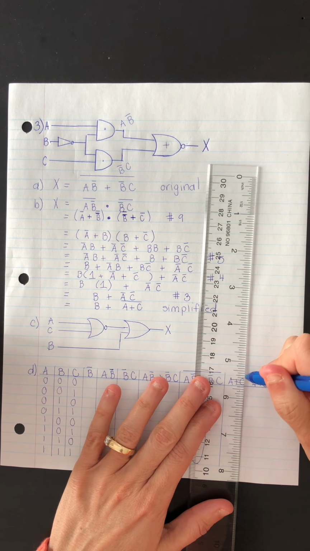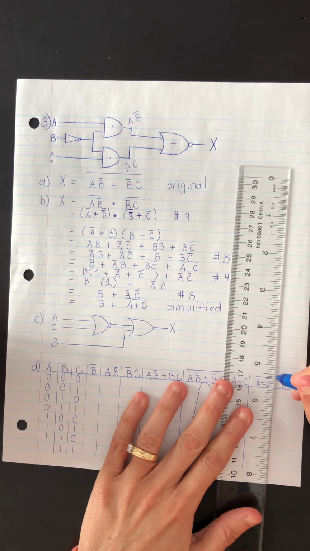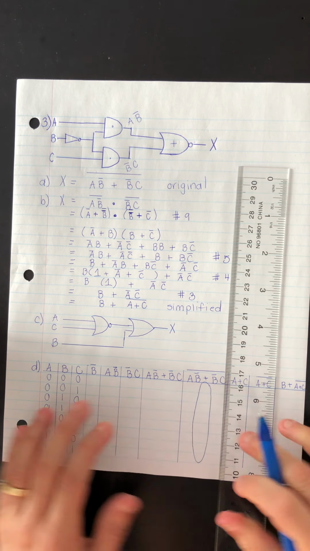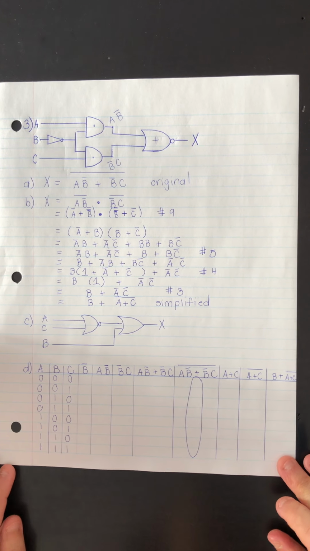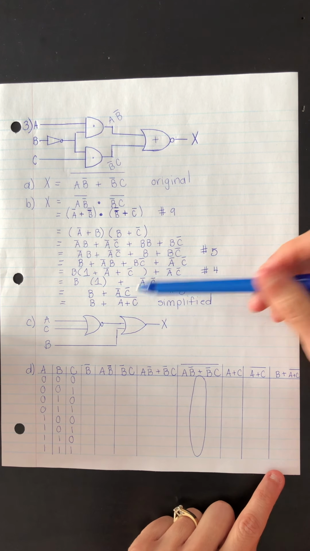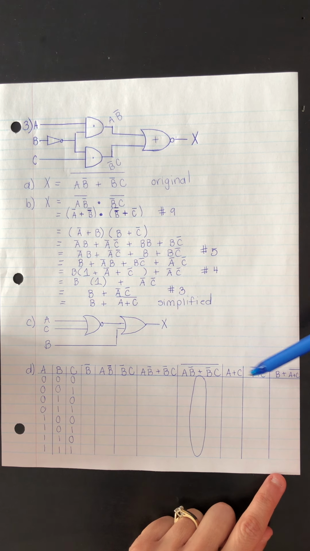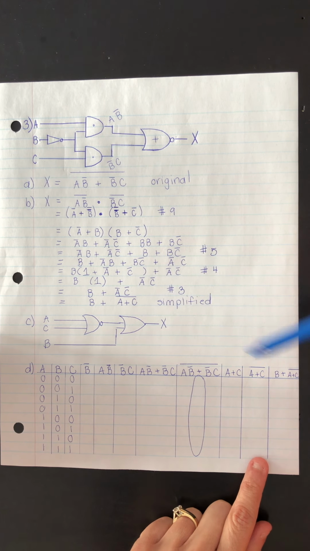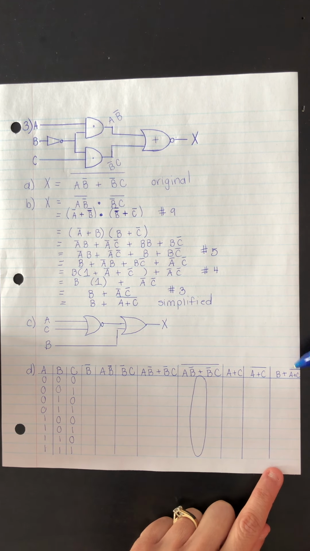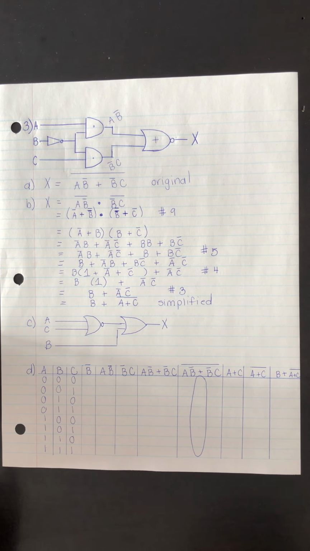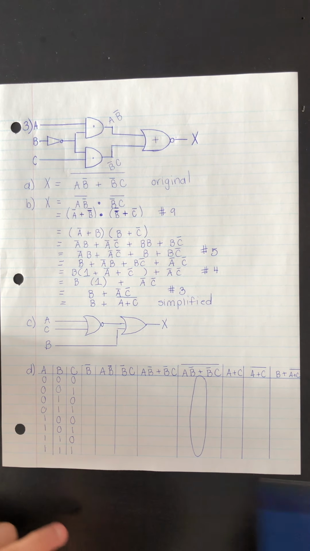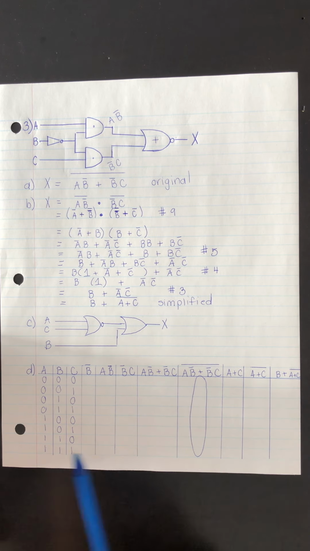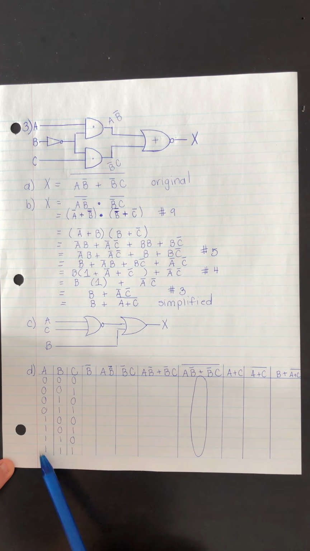Okay, so I will need these three columns just to set up the right side. So A plus C, then A plus C all inverted, then B plus A plus C all inverted. And now I'm all set. So if this were a test question, you would get a mark for every single one of these correct columns.